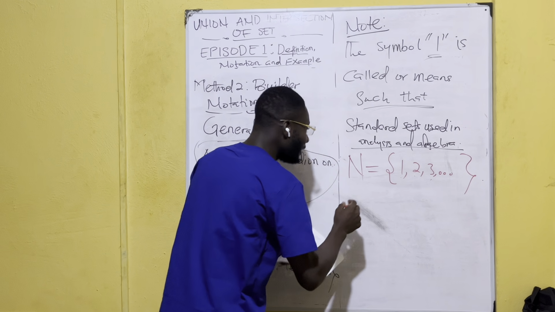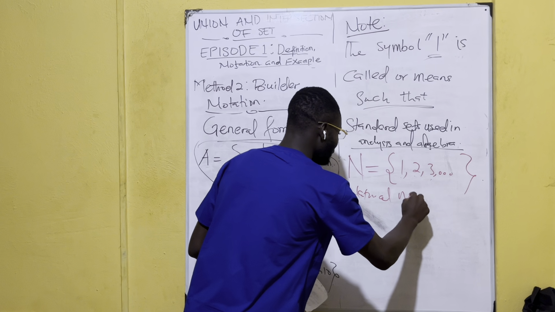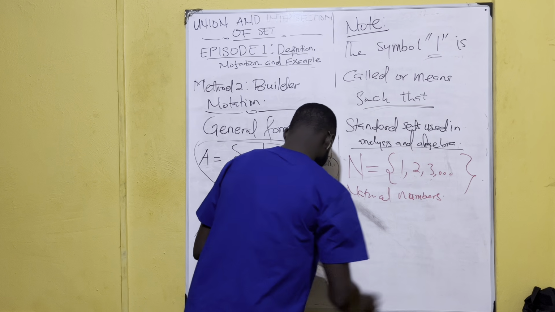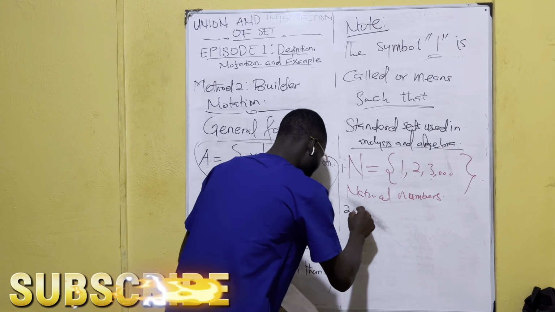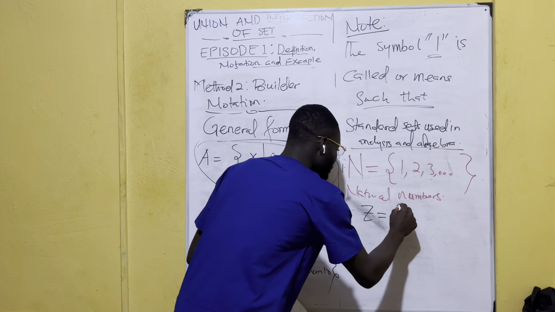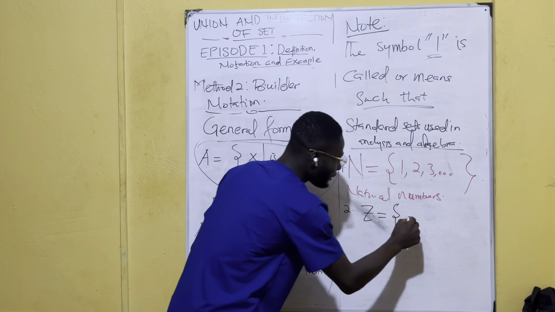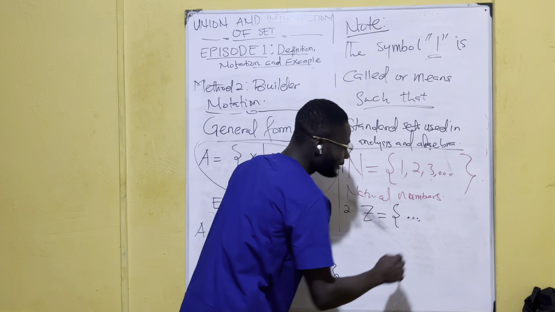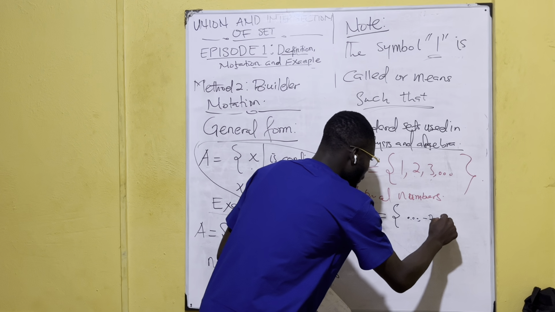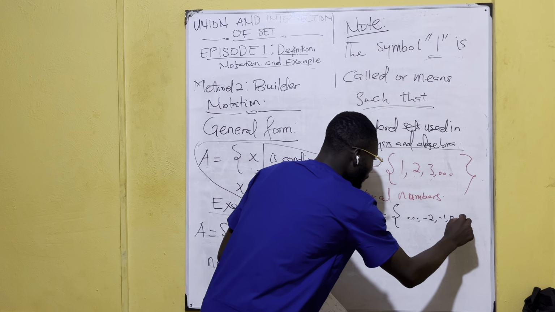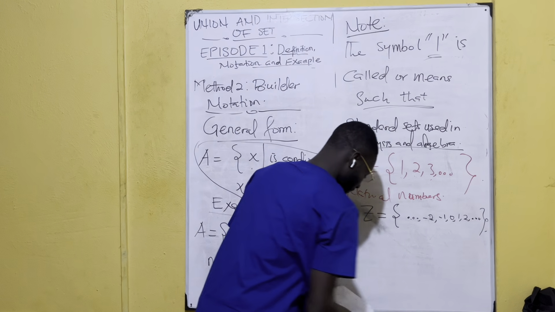The second one is, let me write it for you. This is natural numbers. And the second one is Z equals three dots, negative 2, negative 1, 0, 1, 2, to infinity.